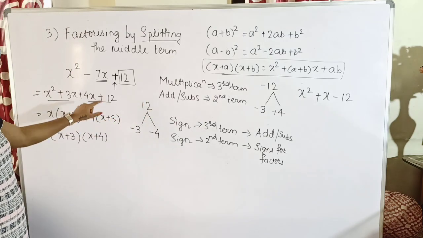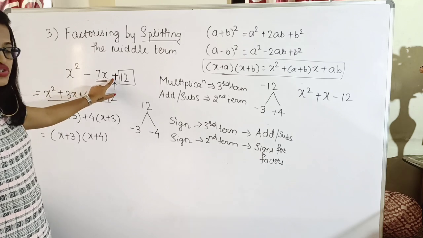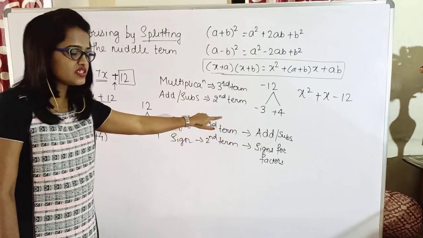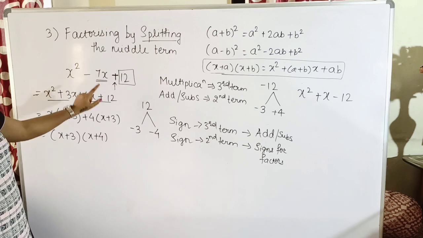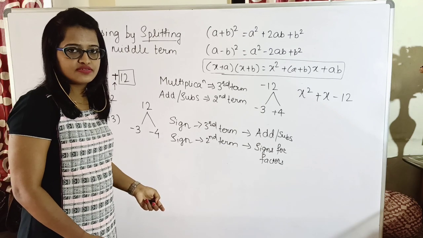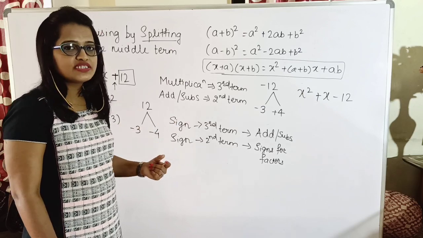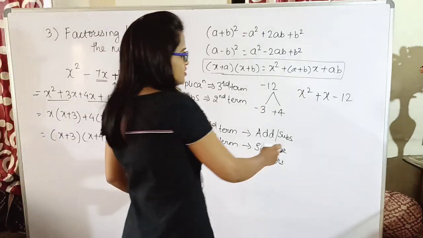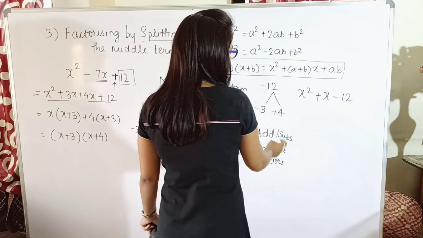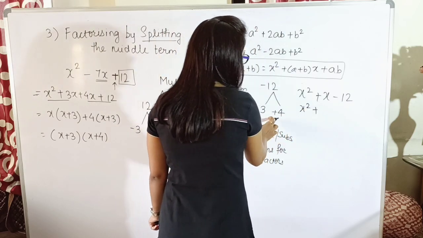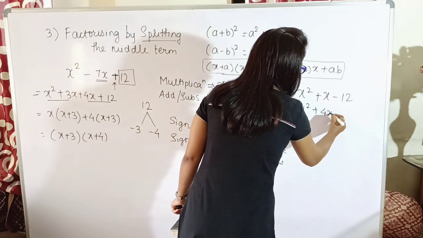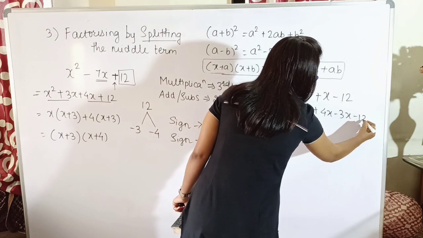So that means the sign of the third term tells you whether you will be going for addition or subtraction, whereas the sign of the middle term tells you what sign should be given to the factors. And factors are to be decided by the third term. So here minus 3 plus 4, simplify: x square plus 4x minus 3x minus 12.